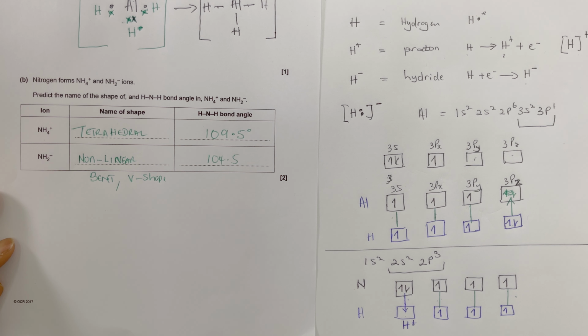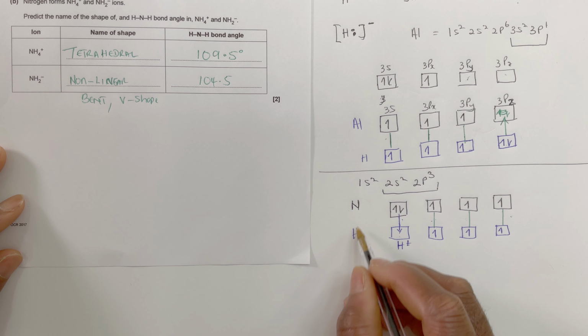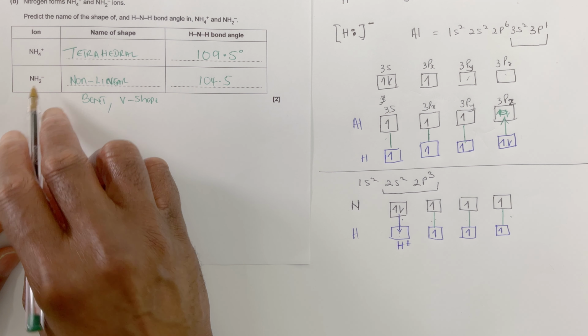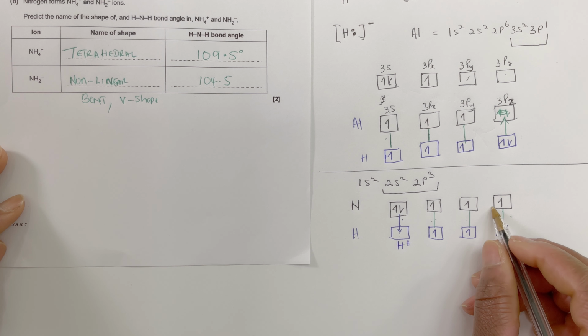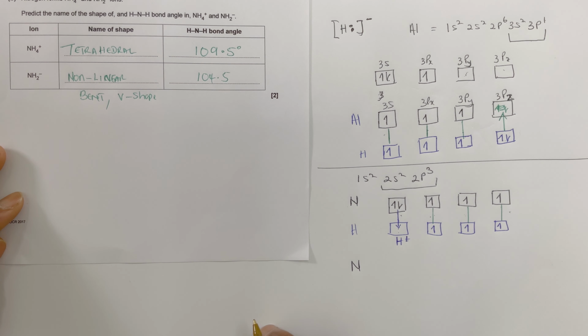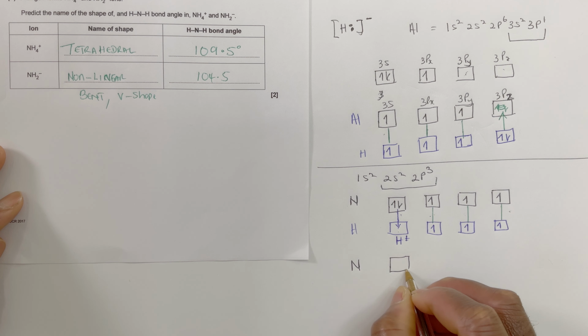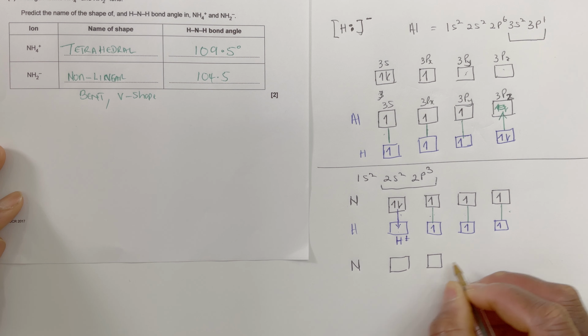This one here, the nitrogen from the NH2 minus, it's pretty similar to that, except if you go to nitrogen here. So we've got nitrogen and the outer shell.